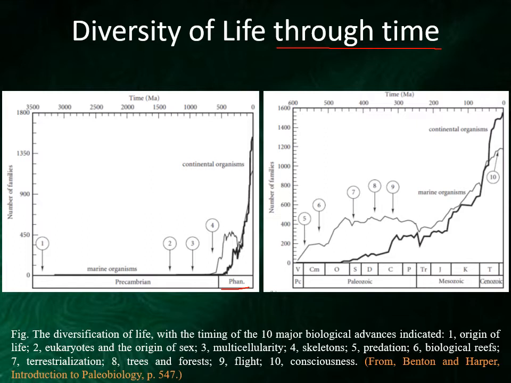If you look at the varieties of life forms throughout this entire time span, we know that life appeared about 3.6 to 3.7 billion years ago, just about 1 billion years after the formation of the earth. After the appearance, life goes through several changes and comes to the present form where we are now.